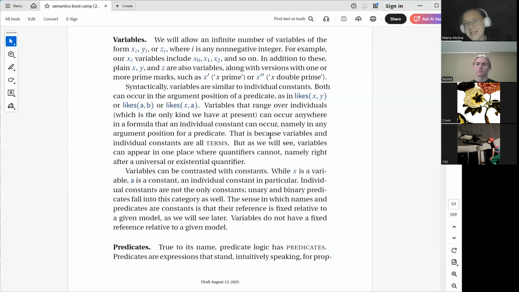He won't be Alex, but he would be the same type of person. So he would behave the same as Alex. So the variables occur in the argument position of a predicate. This is the argument position of a predicate. So a variable is an argument to a predicate.